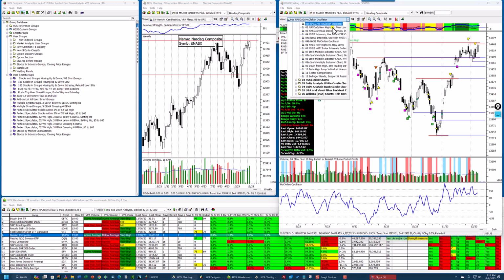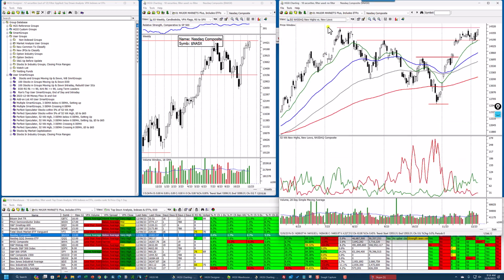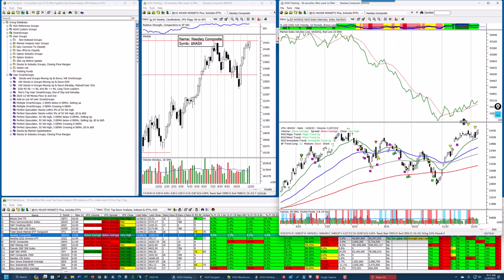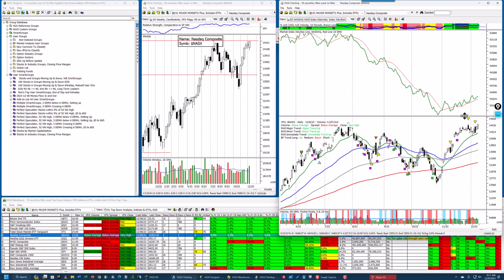Okay, I'm going to drop down to new highs versus new lows. You can see at the bottom here where the new lows were, and then the new highs started to climb. It's not real strong like over here, but the new highs are still outpacing the new lows. Here is the advanced decline line, which is chart number 3.